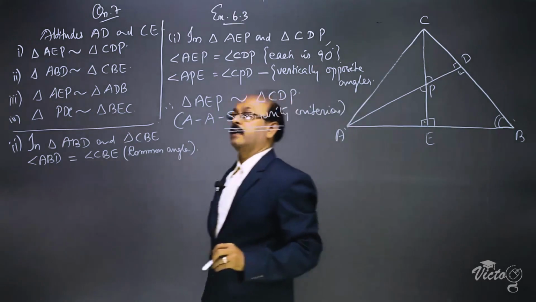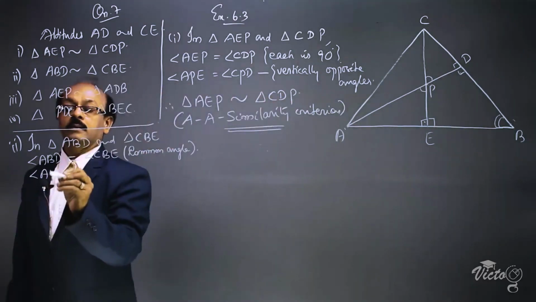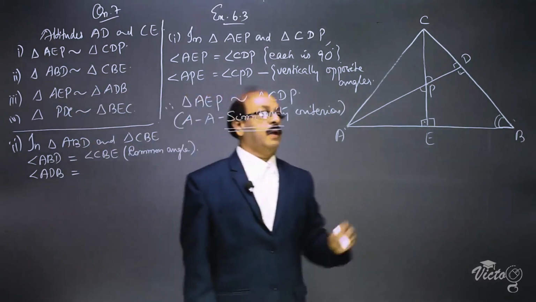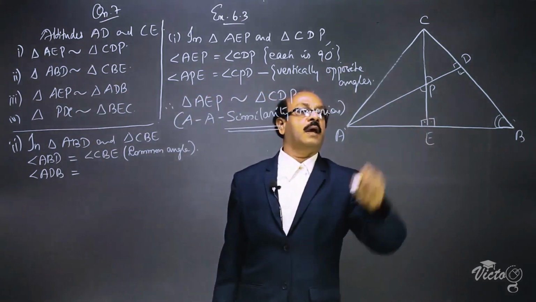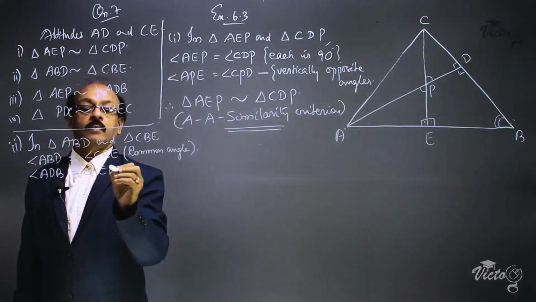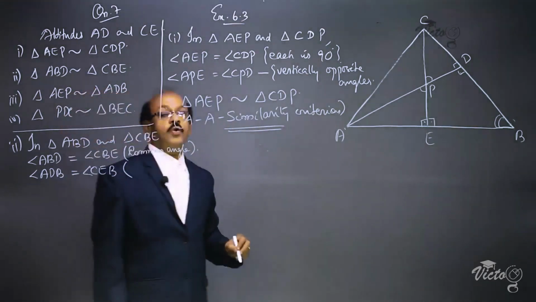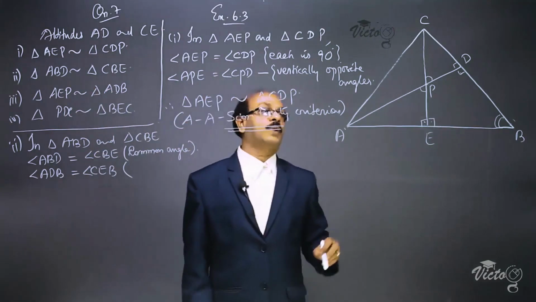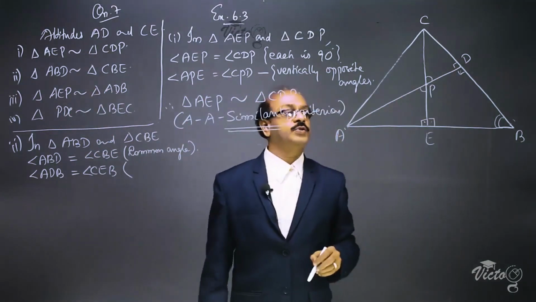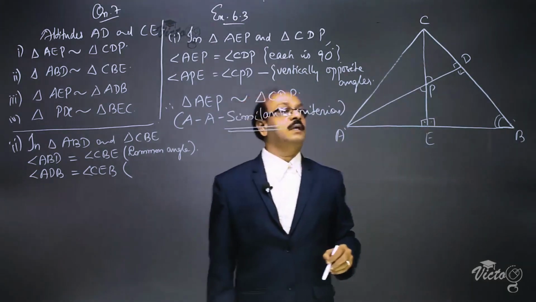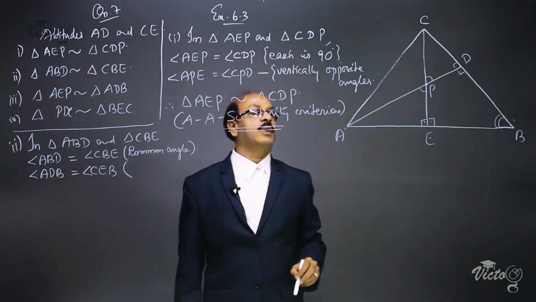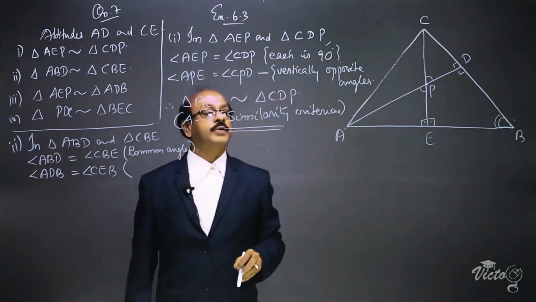Now we need one more equality: angle ADB is equal to angle CEB. The measure of angle ADB is 90 degrees because AD is an altitude, and angle CEB is also 90 degrees because CE is also an altitude.